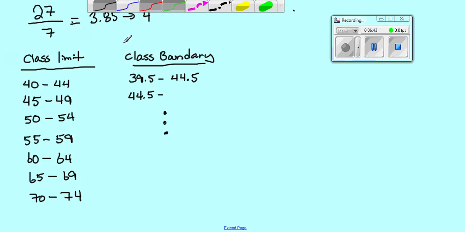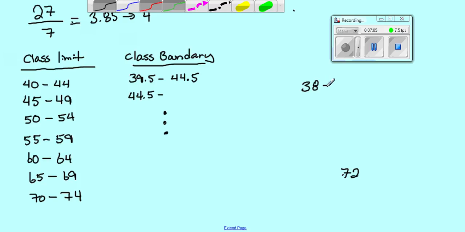One thing that you could do is make adjustments. So instead of starting at 40, I could maybe start at 38. And if I started at 38, then that would finish me up at 72. So when I got down to the last one, I would end at 72.